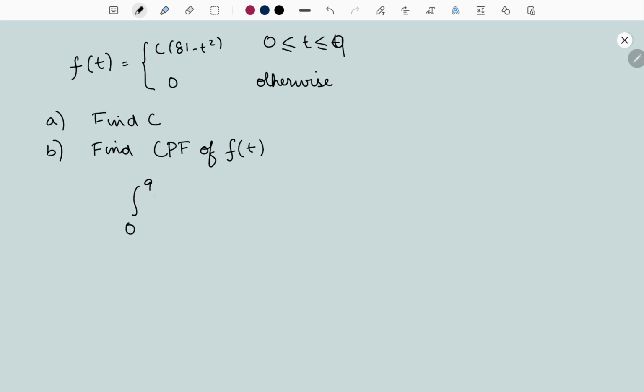Again, it is simple. Integral from 0 to 9, c is outside, of 81 minus t square dt, and this should be equal to 1. So c times 81t minus t cube by 3, from 0 to 9, will be equal to 1.